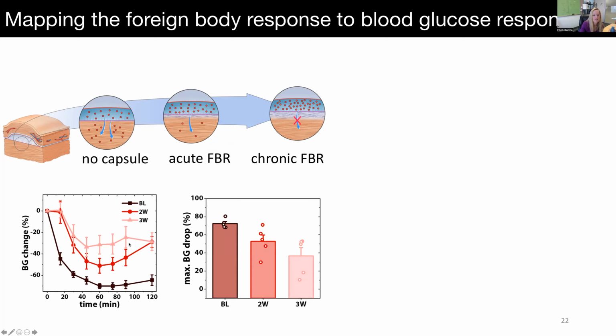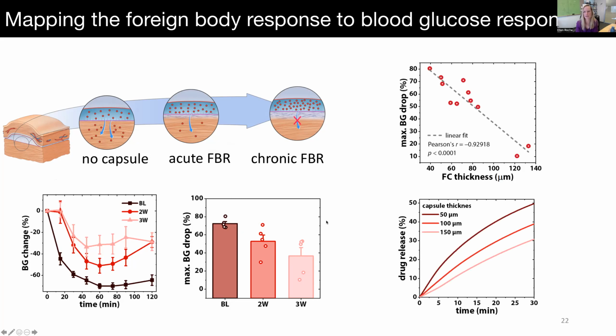At 3 weeks, you get even less of a change in blood glucose in response to insulin, and it's slower again. So this capsule is impeding the response. If you quantify this in terms of max blood glucose drop, you can see kind of a linear decrease over time in the amount of blood glucose change.